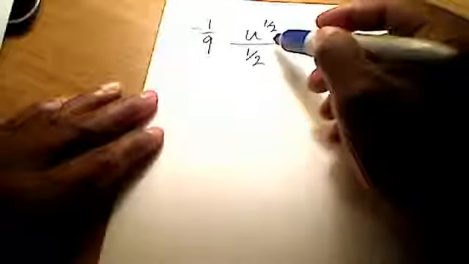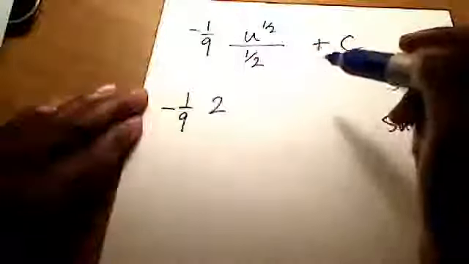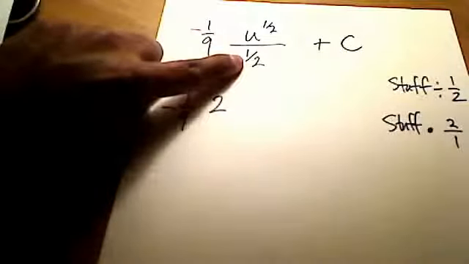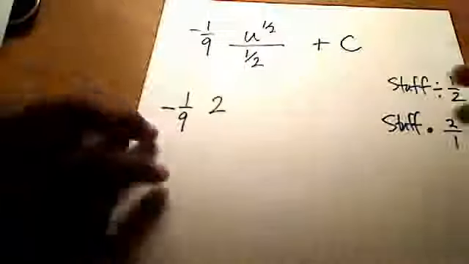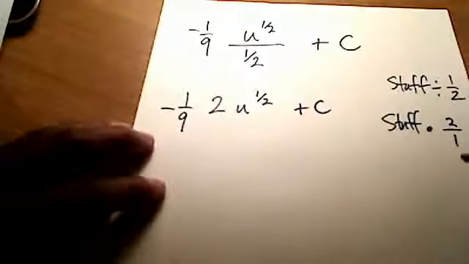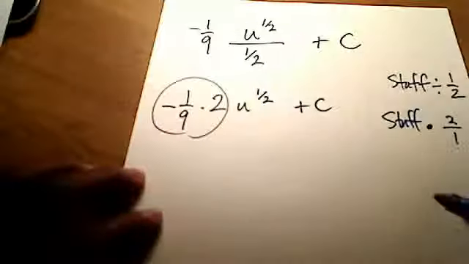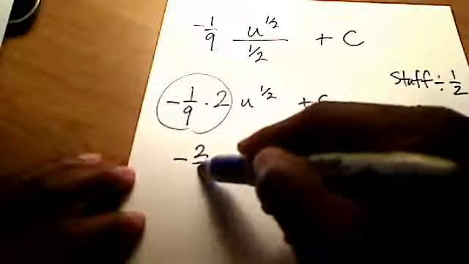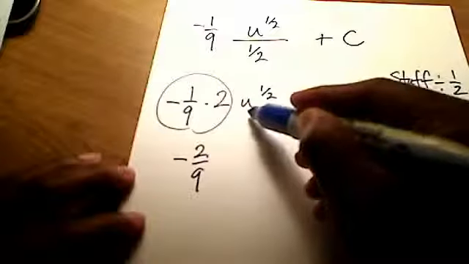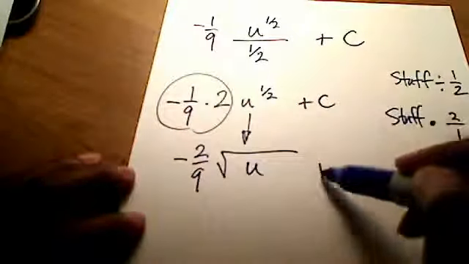So if I want to rewrite this, I could rewrite this as negative 1 over 9 times 2, flipping this denominator of 1/2, times u to the 1/2 plus c. And I hope you see that I can multiply these two things together and just come up with negative 2/9 u to the 1/2. Instead of writing it as u to the 1/2, I'll write it as the square root of u plus c.